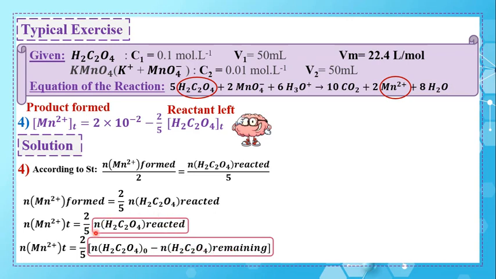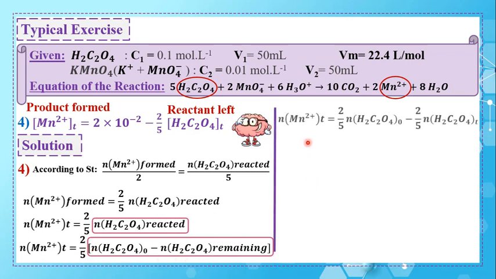So I replaced this by this. I will multiply 2 over 5 by these two. So I will get that the number of mole of Mn2 plus at the instant T equal 2 over 5, the initial number of mole of H2C2O4 minus 2 over 5, the number of mole of H2C2O4 remaining.